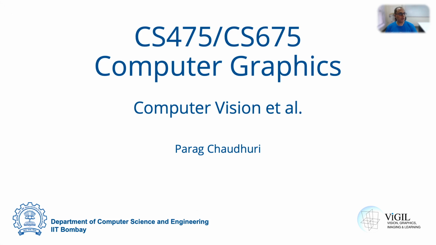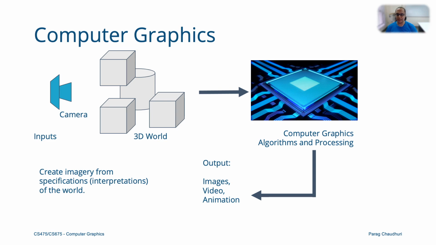If we look at computer graphics at a very high level, we create a specification of a virtual world, and then we use computer graphics algorithms, methods and techniques to write programs which run on some kind of processor, and the output is that we either render an image of the virtual world or we create an animation, in which case we get a video.